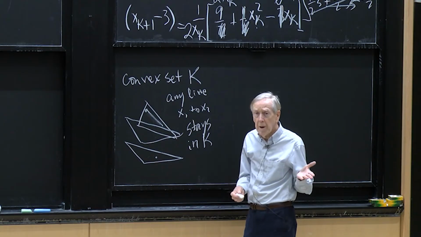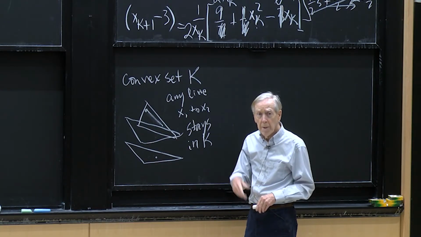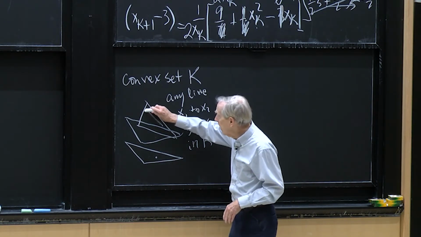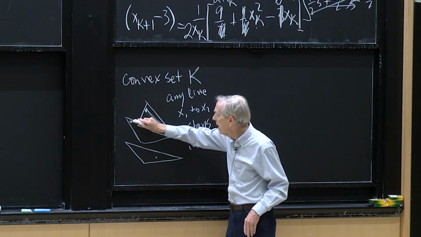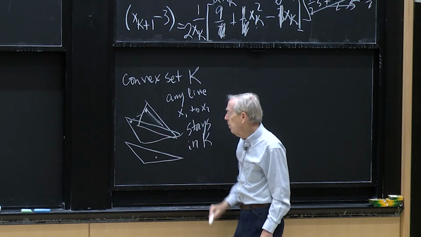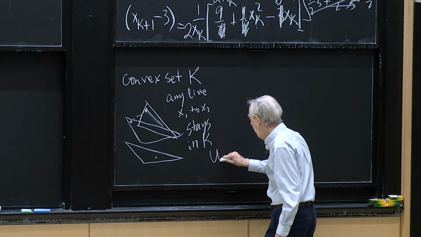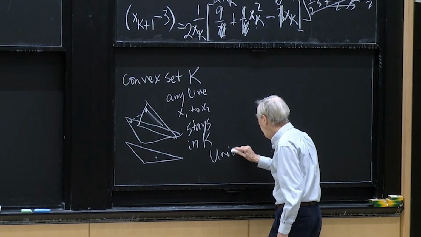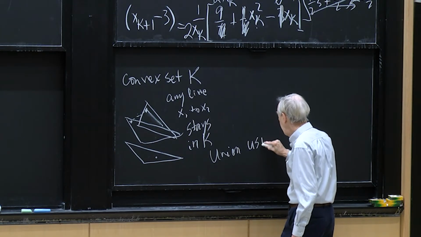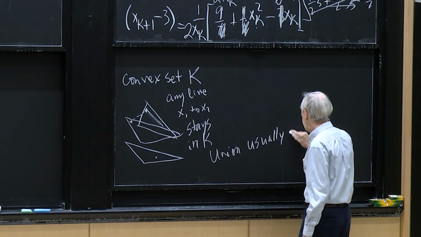You tell me where to pick 2 points where the line goes out. Well, I take one from that corner and one from that corner, and the line between them goes outside. So the union is usually not convex.